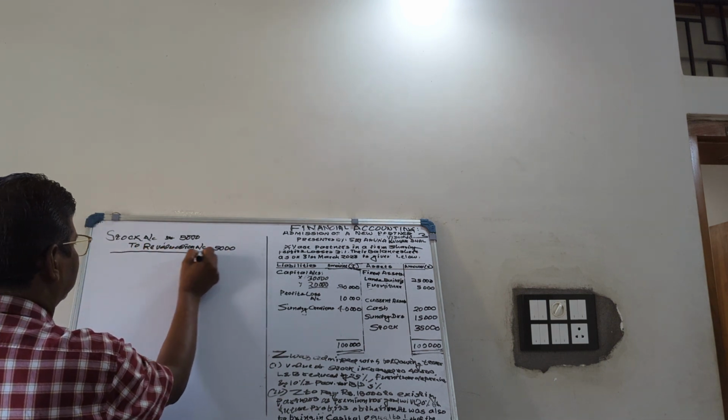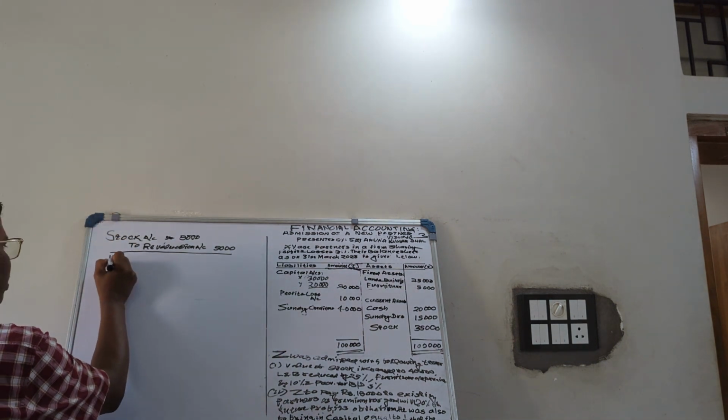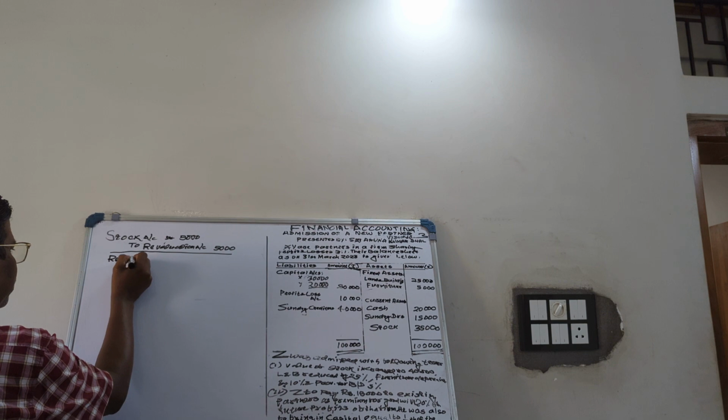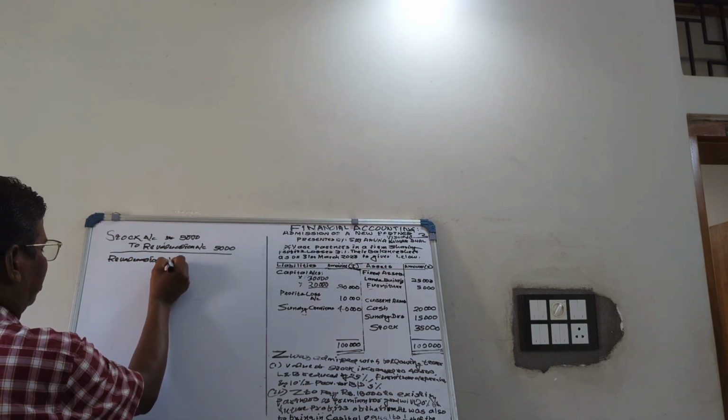Then that is reduction in the value of some assets, so revaluation account is debited. Total is 7,500.